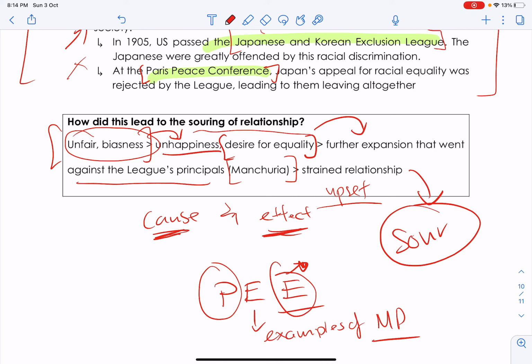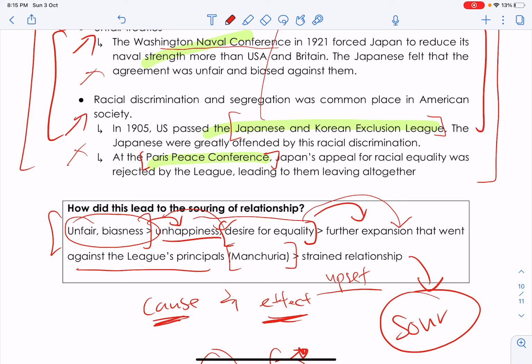Alright, explain it. So what if you gave me all these examples? How does it lead to the outcome that the question is asking for? In this case, the question is asking for this outcome, souring of relationship. So you say, therefore, through all these things I listed down, it therefore led to souring of relationship, as it clearly showed the unfair biasness, leading to unhappiness, leading to desire for equality, leading to further expansions that went against the league's principles, leading to the league being upset with them further, and thus leading to their strained relationship.